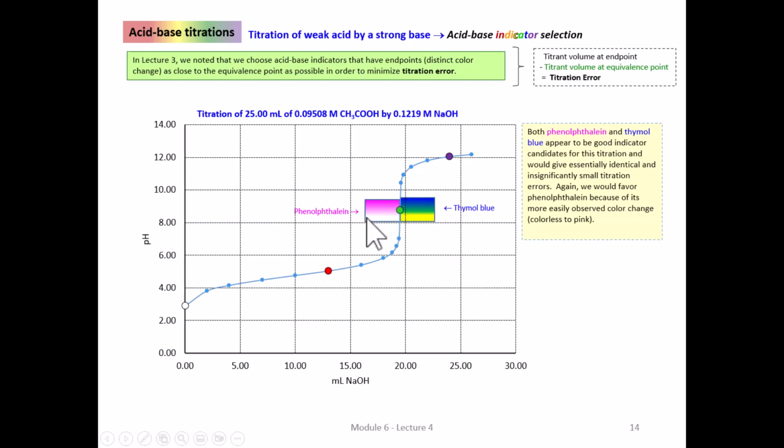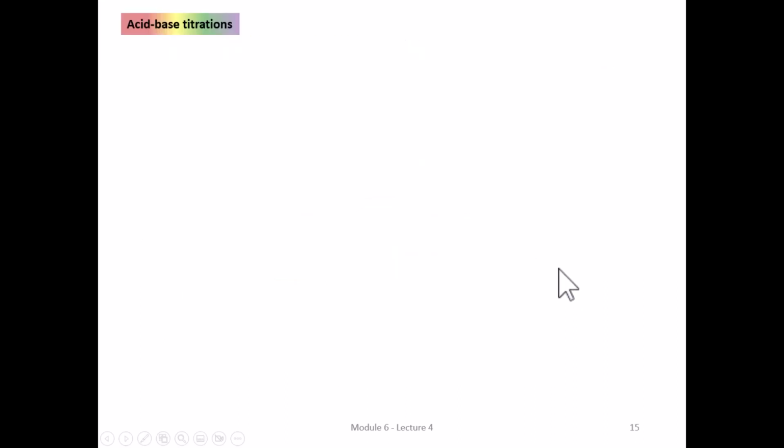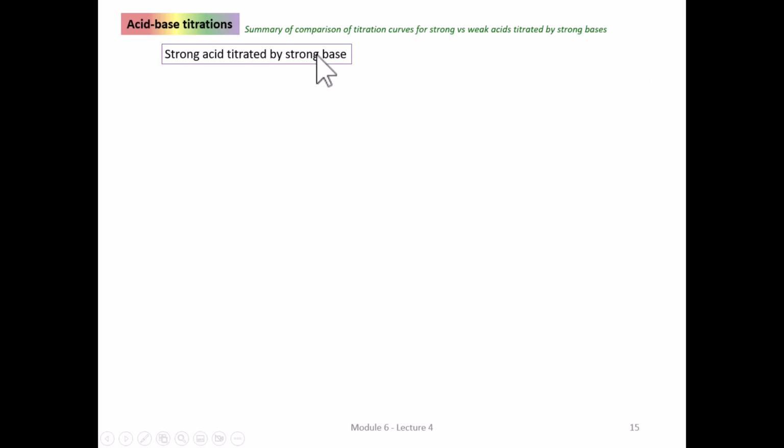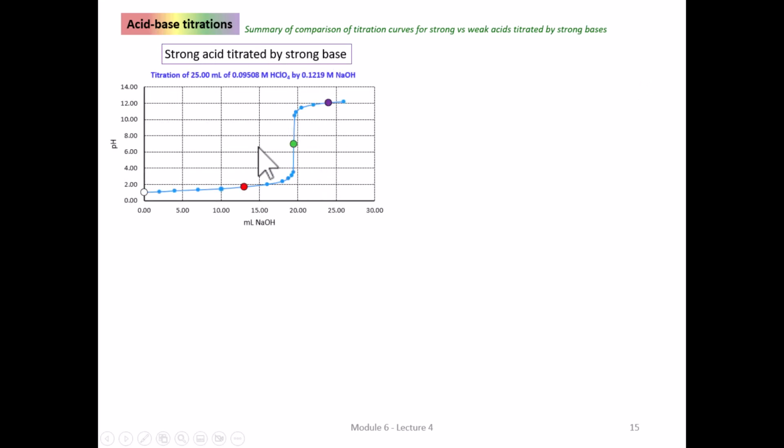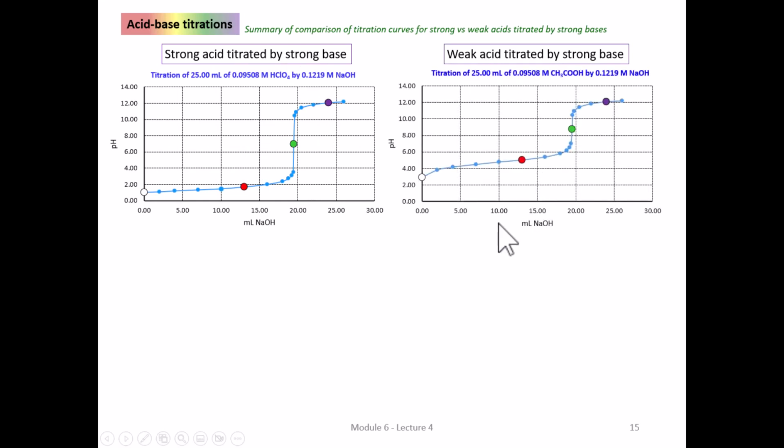Phenolphthalein works really well here because now the equivalence point is right in the middle of that color change, and remember phenolphthalein changes from colorless to pink, so it's a lot easier to pick up visually than yellow to blue. So now we have an opportunity to directly compare the titration curves for the strong acid titrated by a strong base versus the weak acid titrated by a strong base.